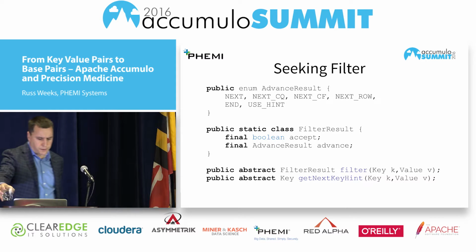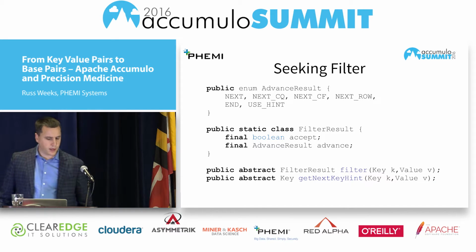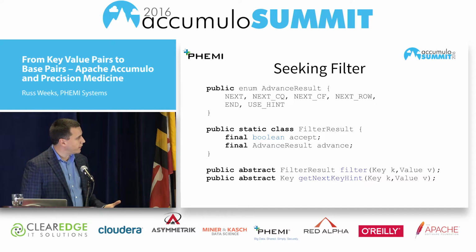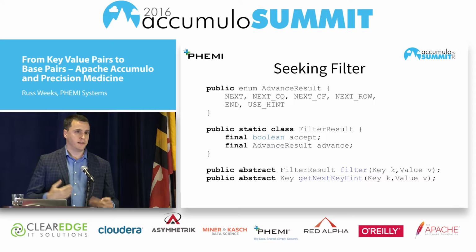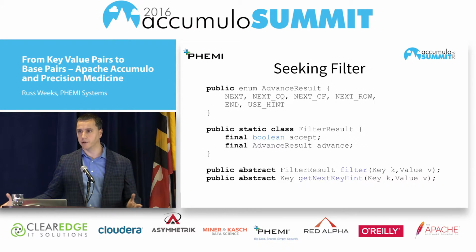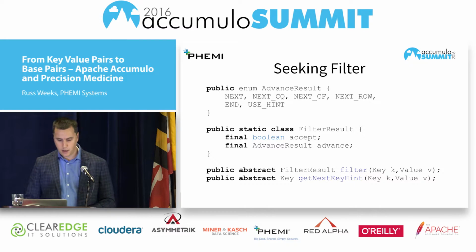So the seeking filter allows subclasses to test key value pairs as well, but in addition to passing or blocking a particular key value pair, the seeking filter can also give a reference to how far the underlying stream of key value pairs should be advanced.